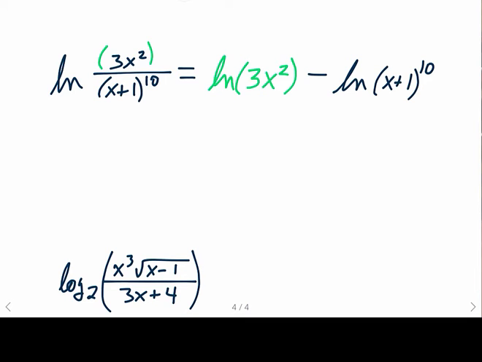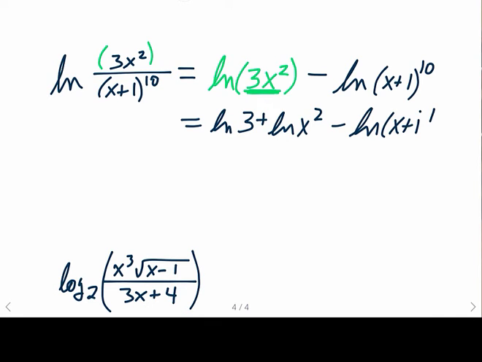Well, the natural log of 3x squared is now a product, right? That was the numerator of the quotient, was a product. And so we have the natural log of 3 plus the natural log of x squared minus the natural log of x plus 1 to the 10th power.